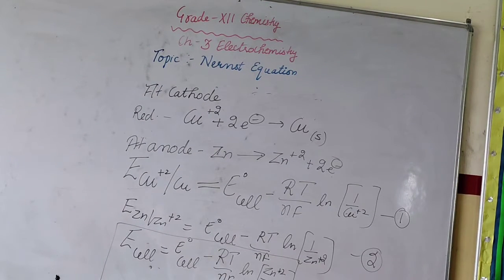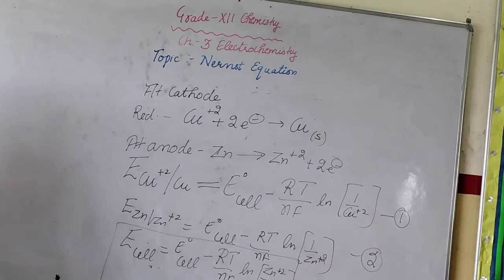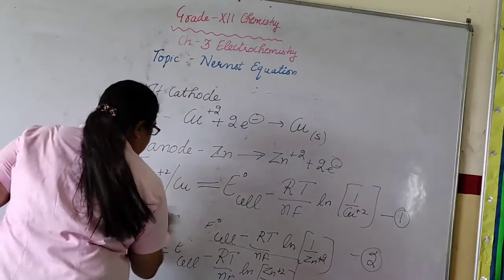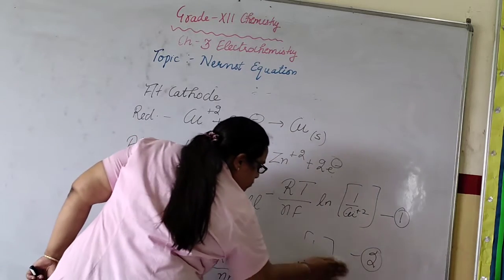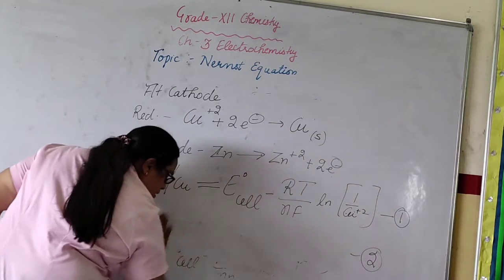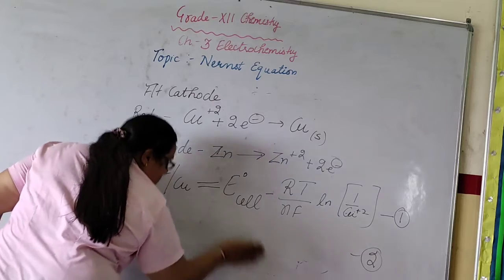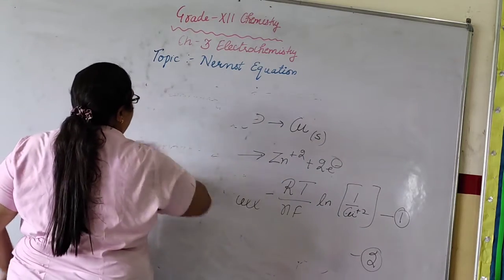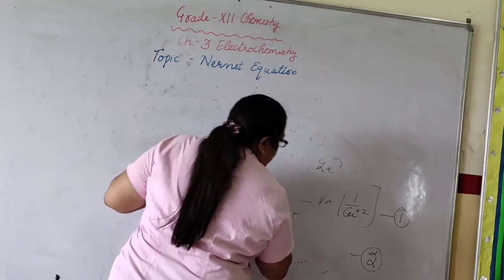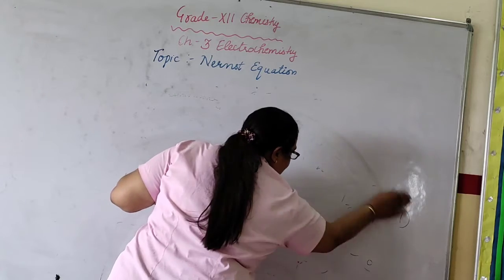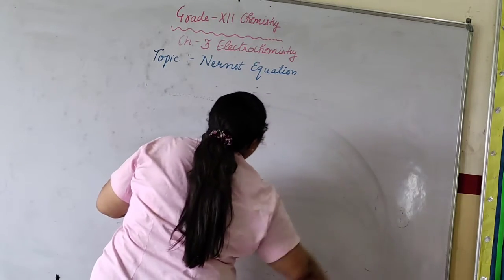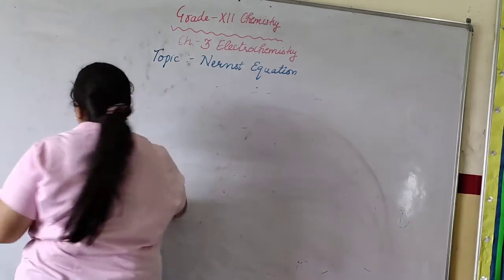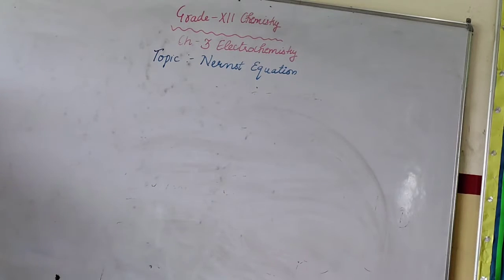Now, in most cases the temperature is 298 Kelvin, so this equation can be simplified by putting in all the values.